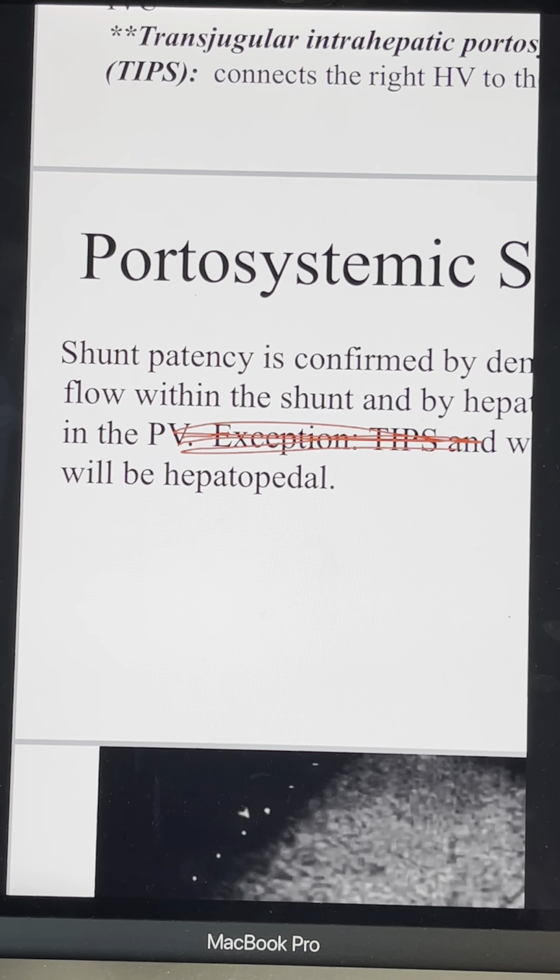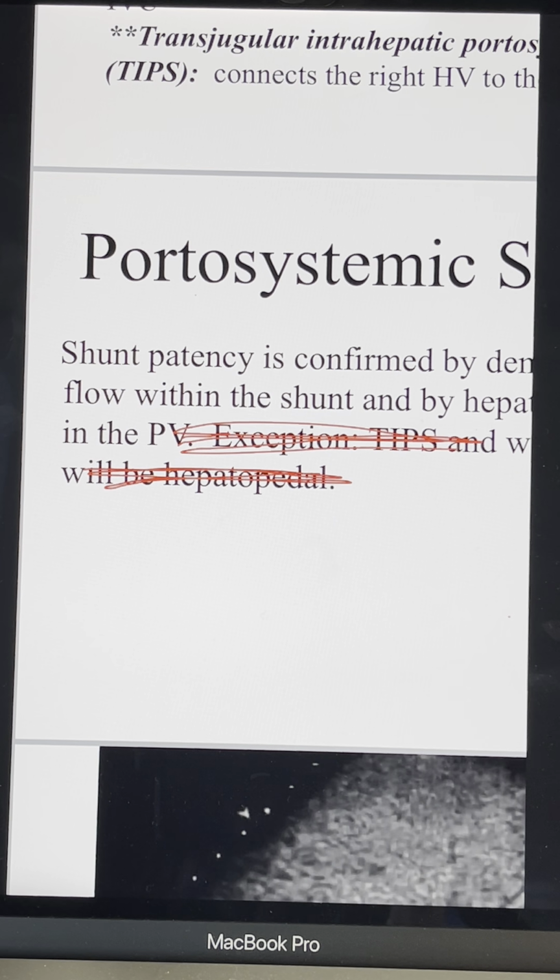So all of the shunts are hepatofugal, but the only portal vein that is hepatopedal is with TIPS. The first two we do not use often here, so we do not go into detail, but for TIPS, it is very important to know that it is the only one bringing blood towards the liver in the portal vein.